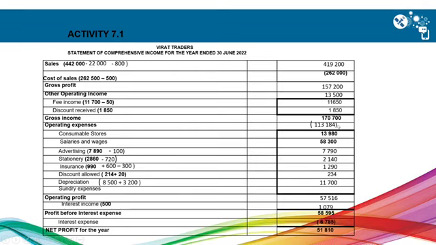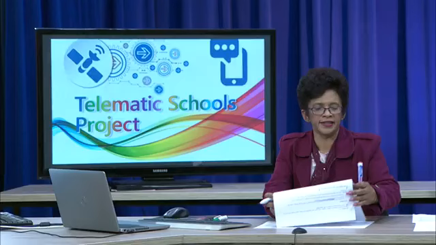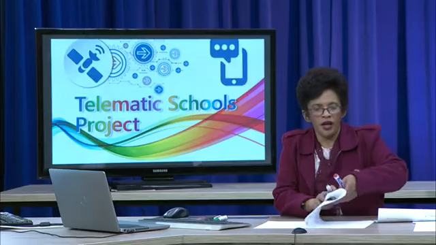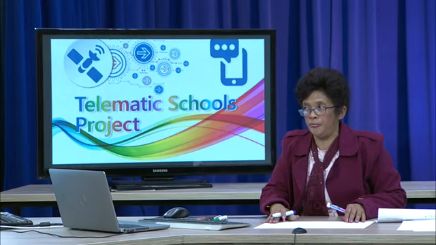What's the next step? These two figures from each other give me my operating profit of 57,516. But our aim at this point in time, before we even go there, is we need to find out the amount of sundry expenses. Grade 10s, what will the procedure be?